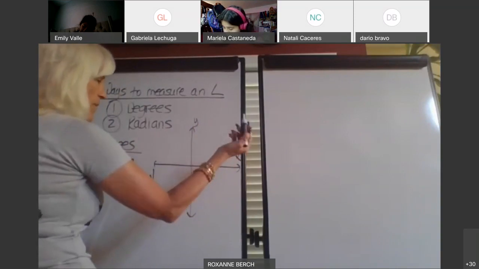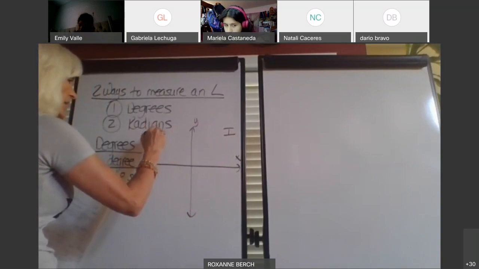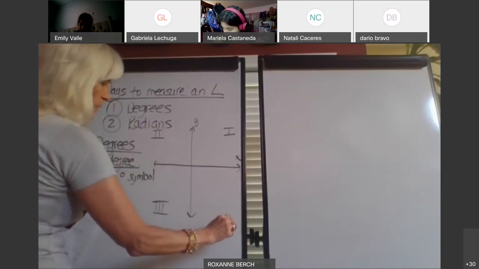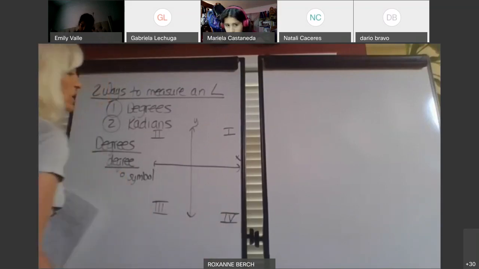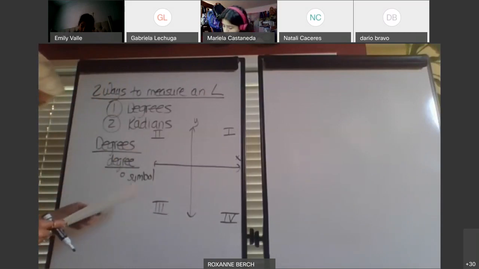All right, I mentioned this before, but it's worth mentioning. This is quadrant 1, quadrant 2, quadrant 3, quadrant 4. You're going to use quadrants extensively. Make sure you don't get them mixed up.